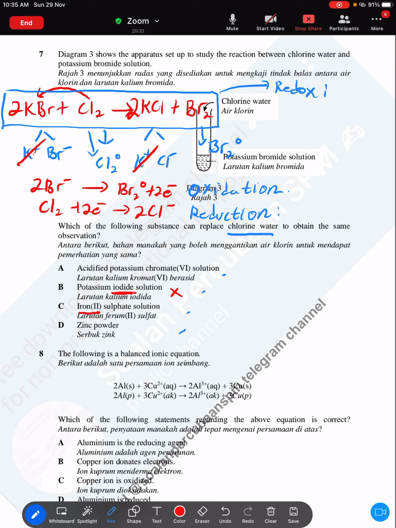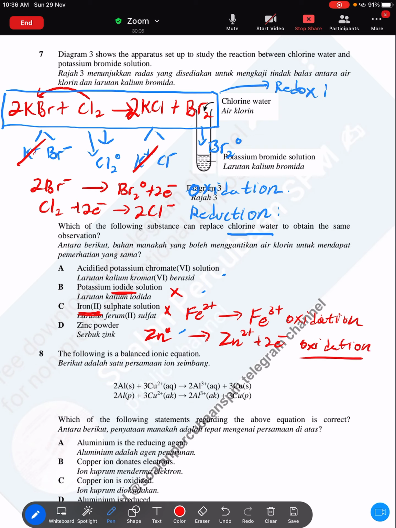But iron(II) sulfate, as you know, iron 2+ will become iron 3+. If you look at this equation, this is an oxidation. Therefore, C is wrong. And the zinc will become Zn2+ plus 2 electrons. Again, this is an oxidation reaction.